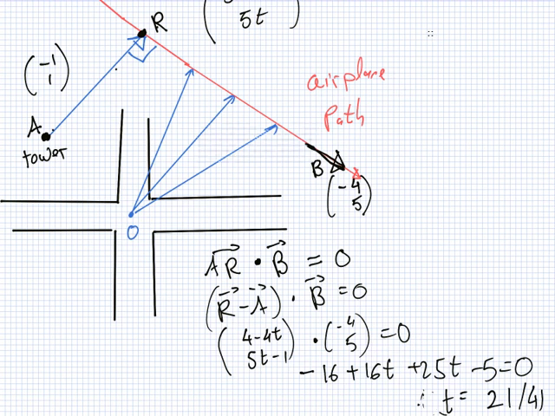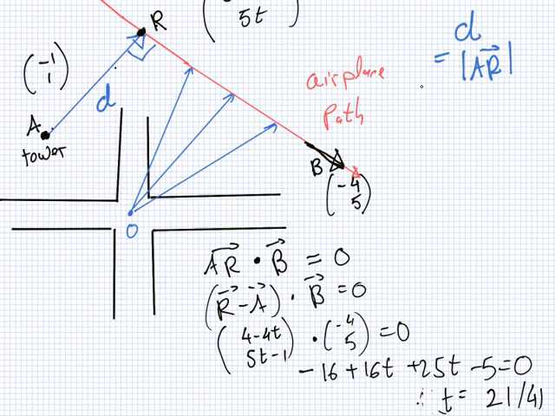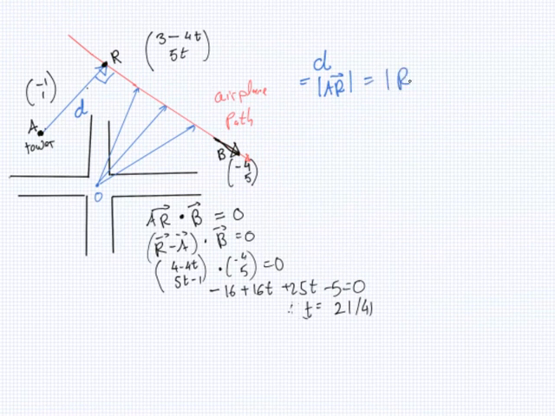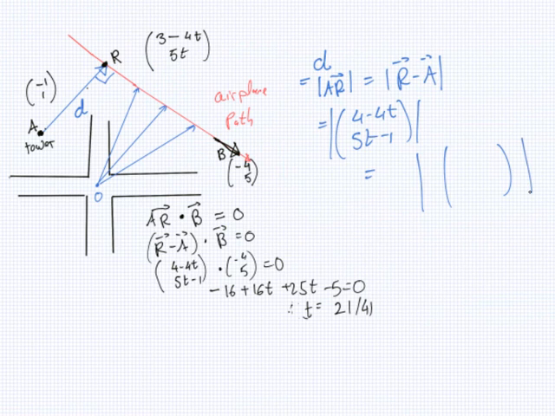And you realise, oh, I'm nearly done. Because to finish, to get this distance here, let me just call this distance d or something. This distance d will equal the magnitude of AR, which will equal the magnitude of R minus A. Which will equal the magnitude of 4 minus 4t over 5t minus 1. But we know what the t is. So that's equal to the magnitude of 4 minus 4t.